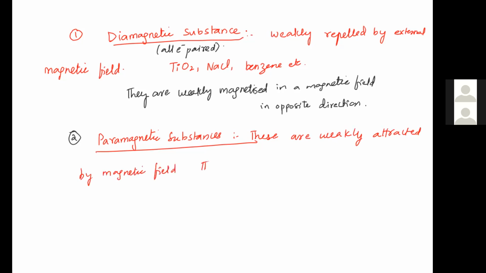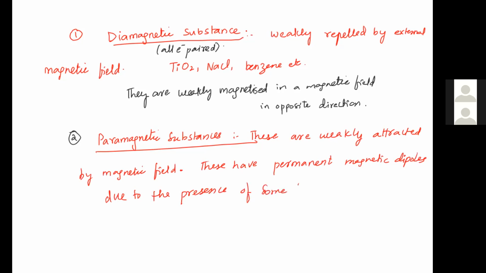These have permanent magnetic dipoles due to the presence of some species, like what? Atoms, ions, molecules, like that, with unpaired electrons.